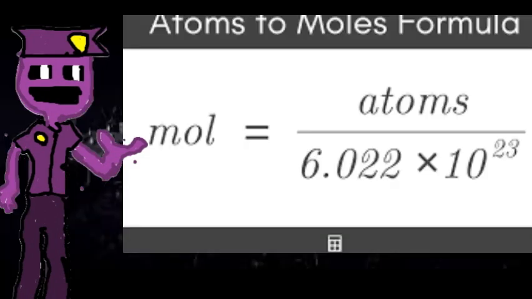Now, other than that, let's do one example. Let's say I have one hydrogen, and then I times it by 6.022 times 10 to the power of 23.